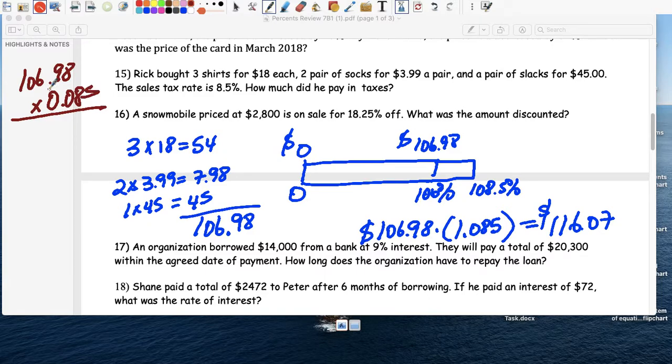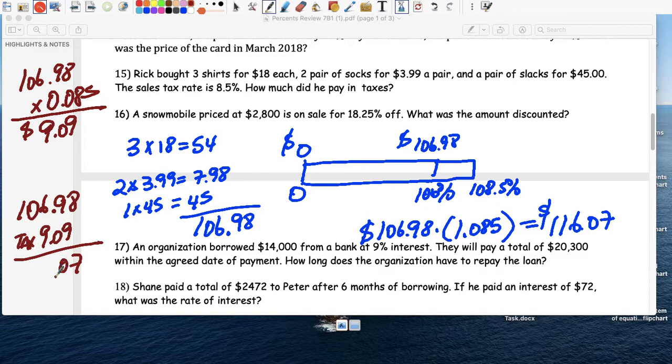So 106.98 times 0.085 equals, so our tax is $9.09 rounded. So everything that I'm buying is $106.98. The tax is $9.09. And you'll notice that I get the same answer.